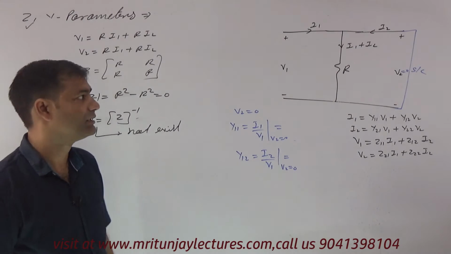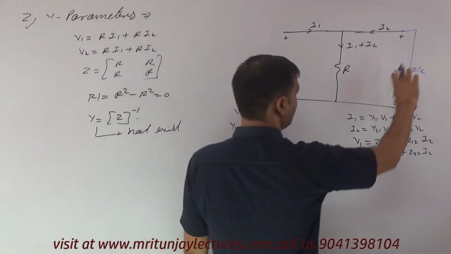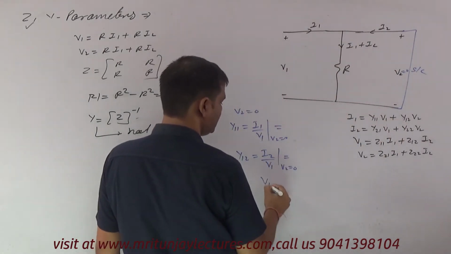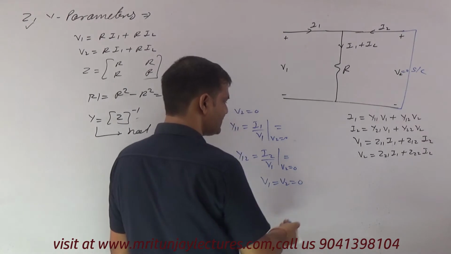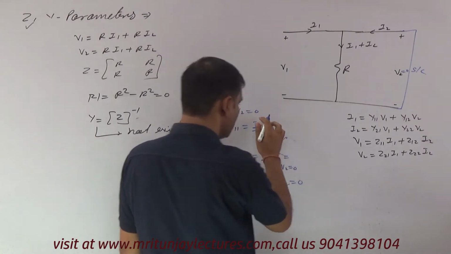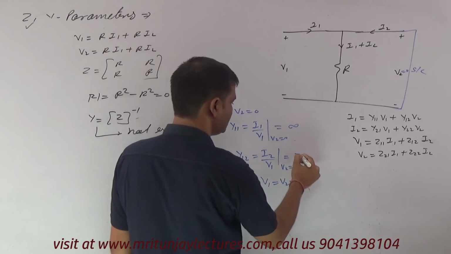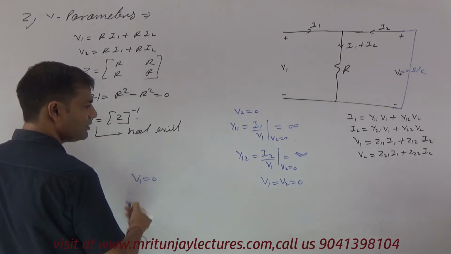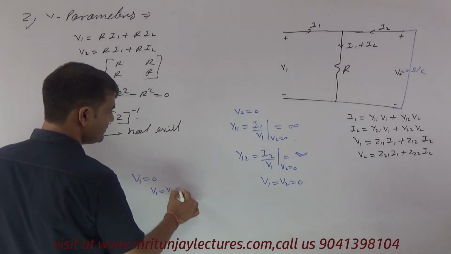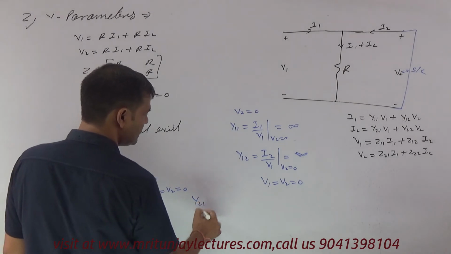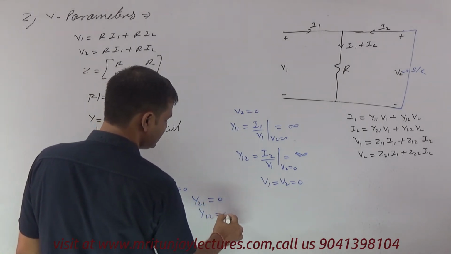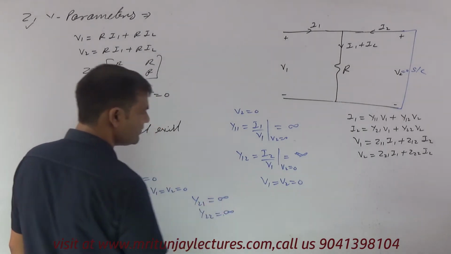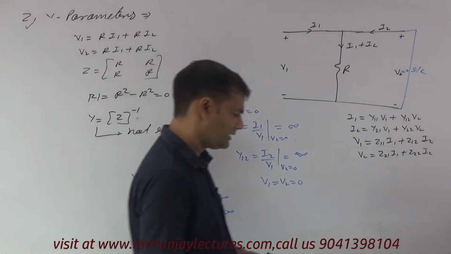If V2 is short circuited, the voltage across this one is 0, and since V1 and V2 are in parallel, V1 is also 0. Then I1 divided by 0 is infinity, and this is also infinity. Similarly, if V1 is equal to 0, V2 is also 0, so Y12 and Y22 are also infinity. Okay. Now another question.